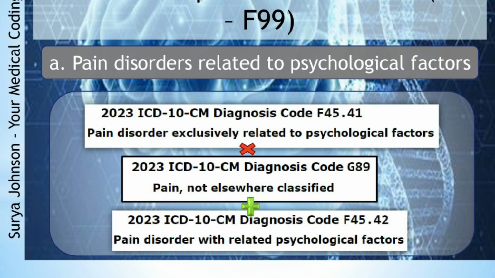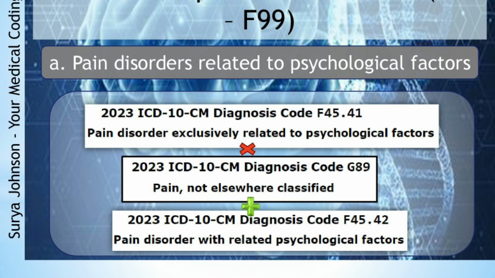But if there is a pain disorder, a group of pains already in the patient's body, with a related psychological factor, but this is not the only reason for the pain, in this scenario you will be coding F45.42 along with G89. From that category also you can code when there is documentation.